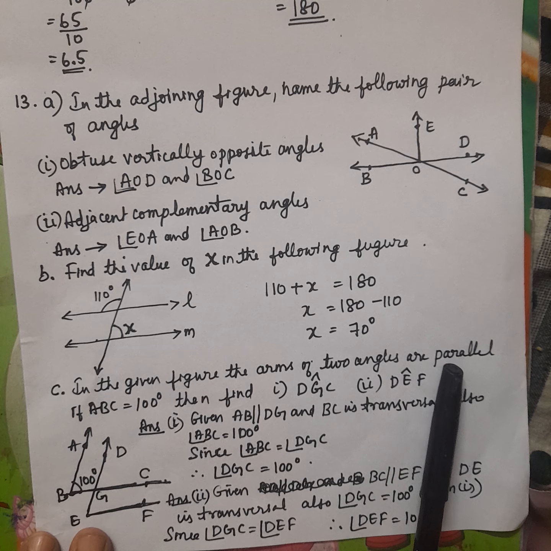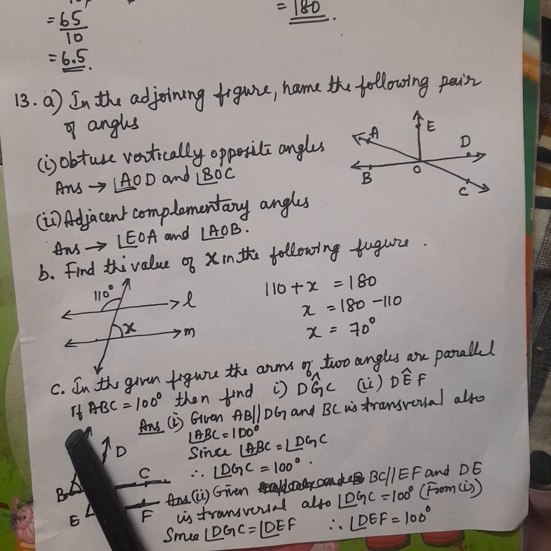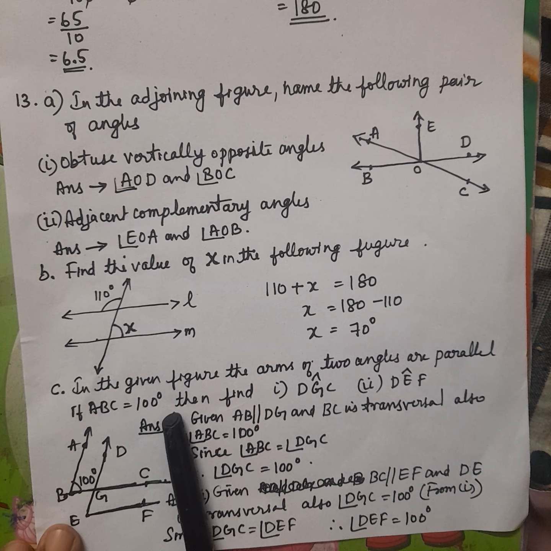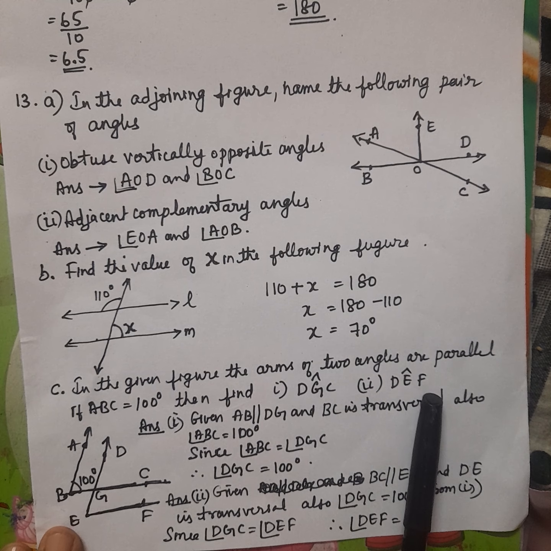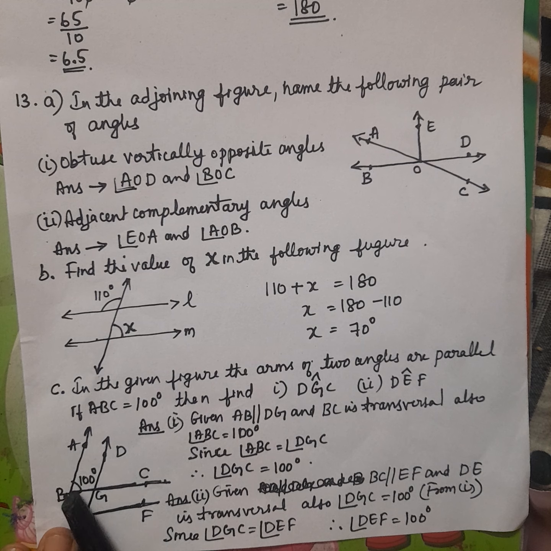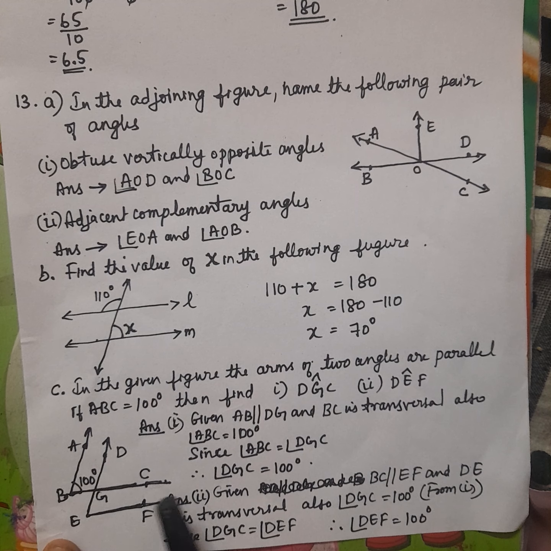The next question, in the given figure, the arms of two angles are parallel. If ABC is equal to 100 degrees, then find angle DGC and angle DEF. So you see this picture, angle ABC and angle DEF. These two arms, DE and AB, both are parallel. While finding, you have to take the data.